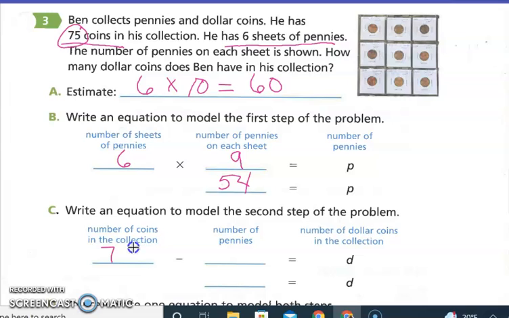So 75 minus our 54 equals D, the number of dollar coins. So can we subtract this? 5 minus 4 is 1. And 7 minus 5 is 2. So how many dollar coins does he have? 21.